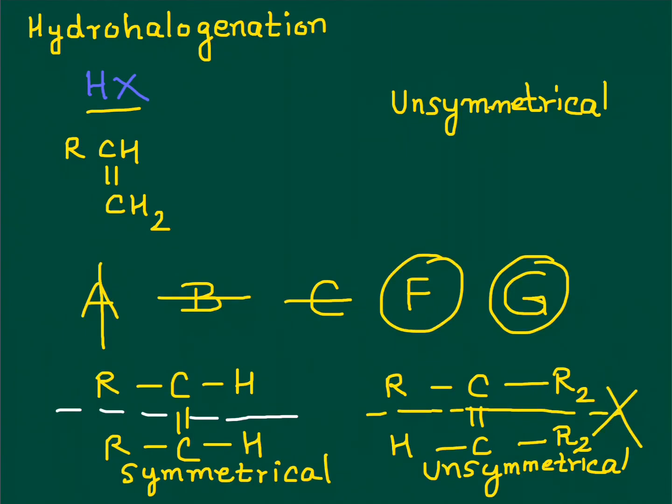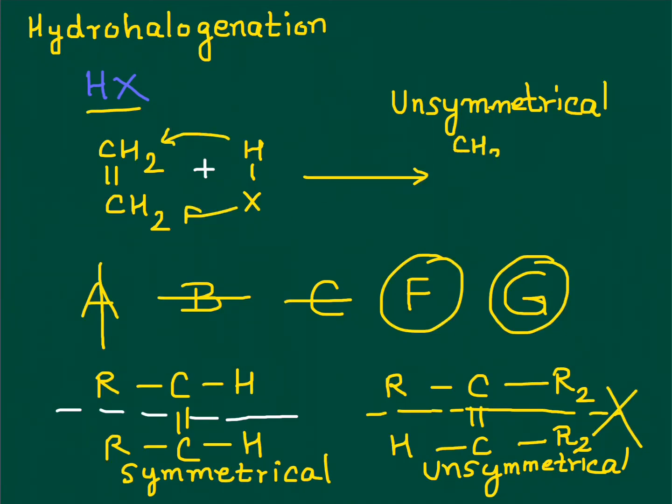Hydrohalogenation is addition of hydrogen halide HX across the double bond. If my initial reactant is, let's suppose, CH2 double bond CH2, right? Now add across the double bond, hydrogen goes here, halogen goes over here.